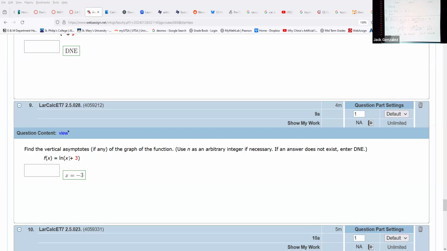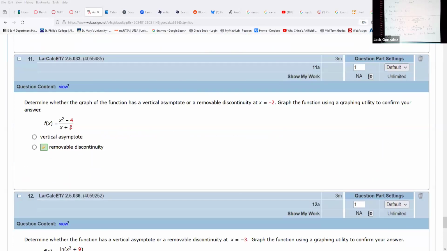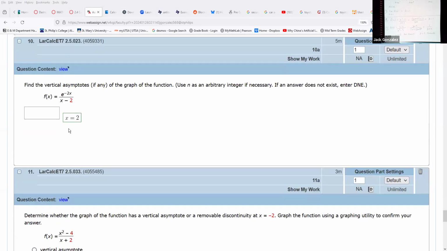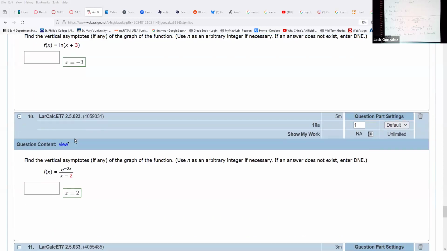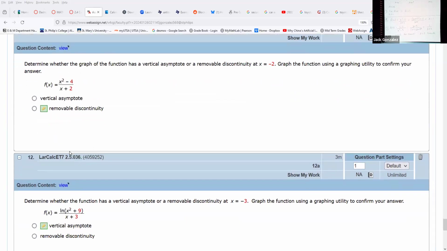So x equal to -3 would be an issue, which would be a vertical asymptote. But for the most part, just check: what's going to make the denominator 0? What's the equation of the asymptote? And if something cancels, that's a removable discontinuity. That's what we talked about before.